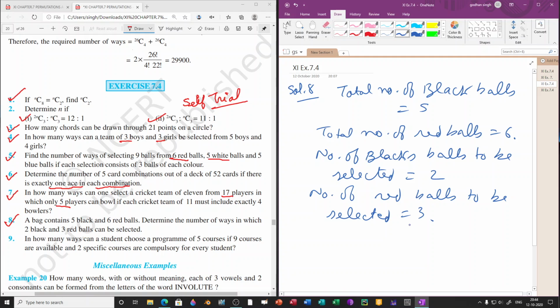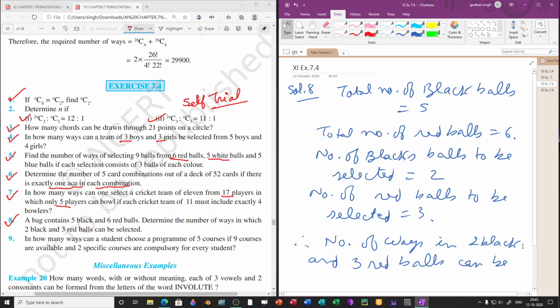So what we have to do is determine the number of ways in which 2 black and 3 red balls can be selected.